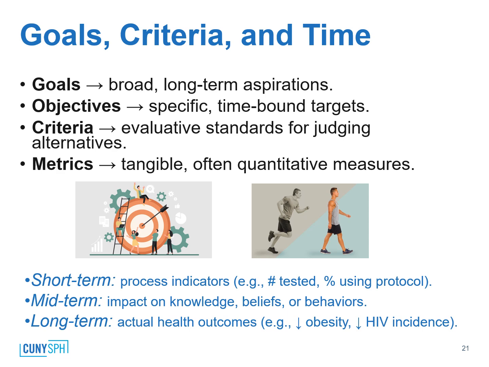But we need to be clear about time horizons. Short-term process measures, like how many people were tested, can give quick feedback, whereas mid-term measures might capture shifts in attitudes or behaviors, and even long-term outcomes reflect deeper changes in population health. A well-designed analysis specifies which outcomes can be realistically measured in each time frame.